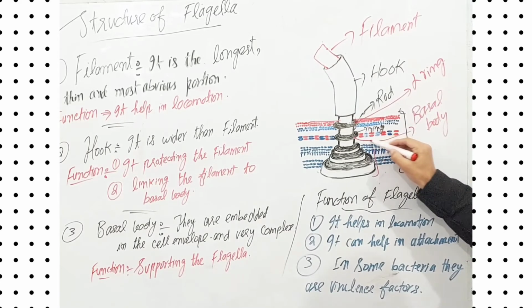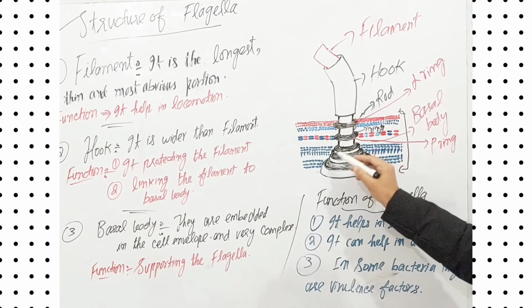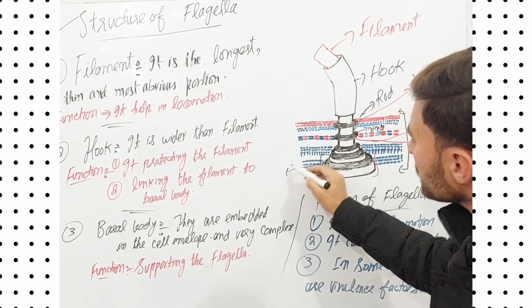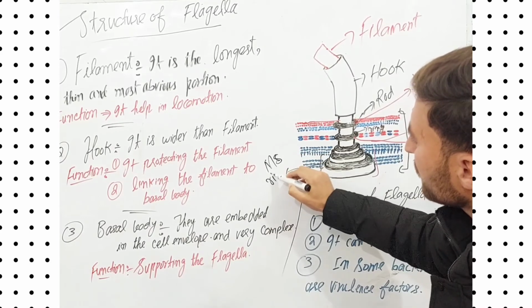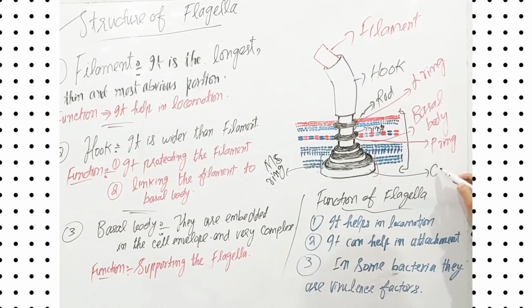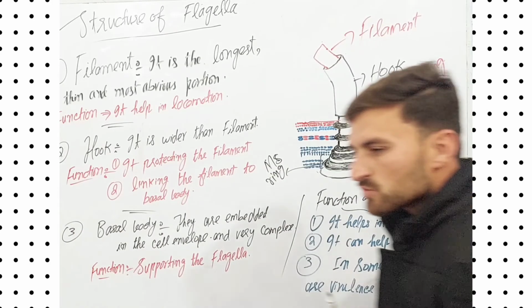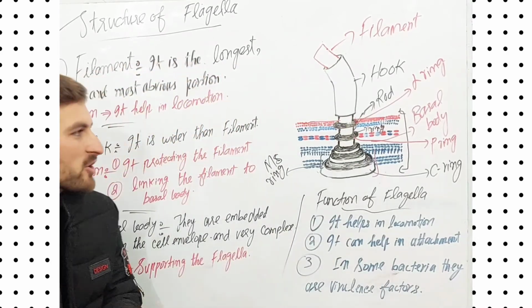This ring here is called the P ring. And these are the M S ring. And this last one is the C ring. So these 4 rings are there in gram-negative bacteria.